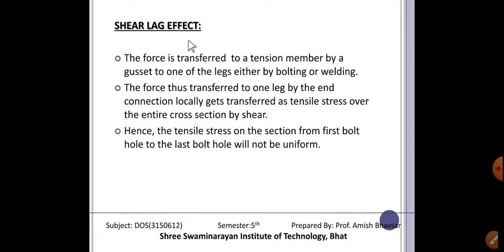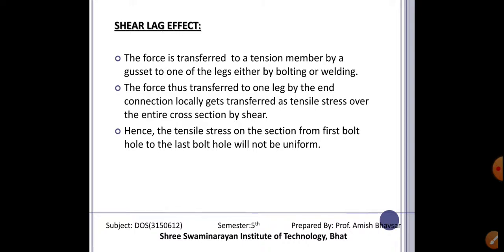Now, the shear lag effect. This is the most important part. The block shear failure is connected with the shear lag. What is the shear lag?